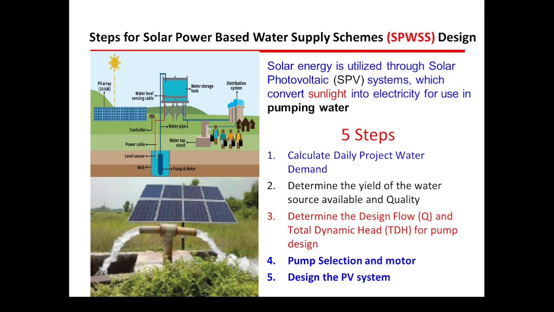The first step is to calculate the daily project water demand. As we know, when you are planning to design a water supply scheme, first of all you should understand the project area, where you are planning to implement the water supply network, which will serve that community.